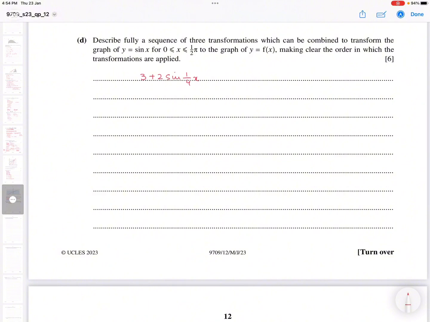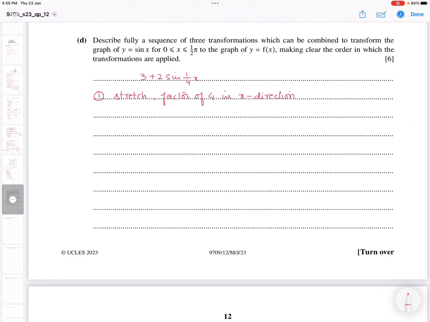So I will say that first it's a stretch with scale factor of 4. Actually this 1 over 4 will become 4. We always take the reciprocal in x direction.